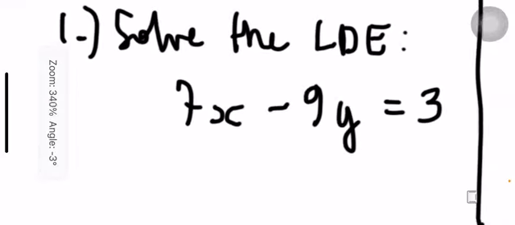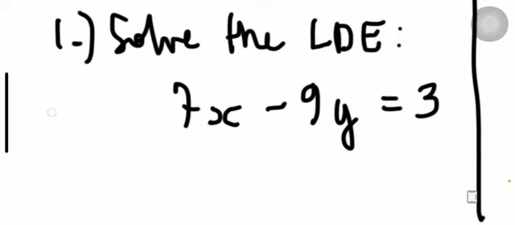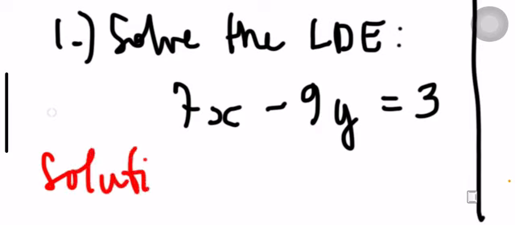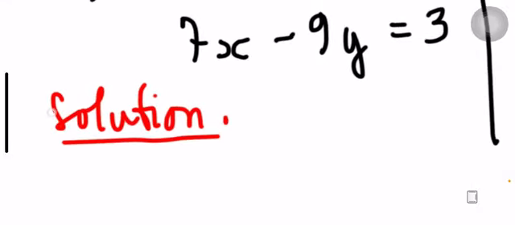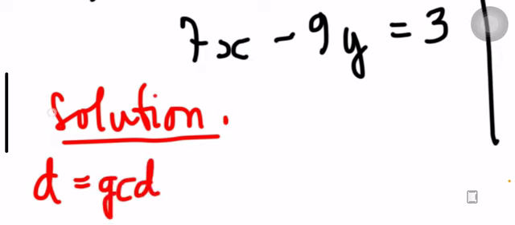The way to determine that is we need to get the value of d first. Remember that your d is the GCD of the coefficients of x and y. So let's write here the solution. We need to get first the GCD, so we determine our d value, which is equal to the GCD of a and b. We need to remember that this is in the form ax minus by equals c.